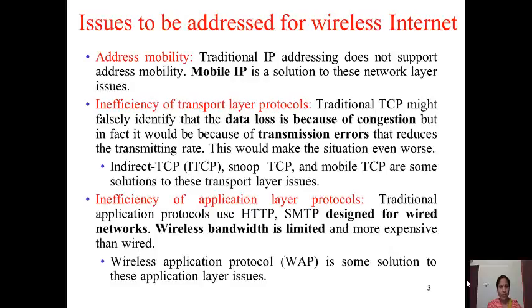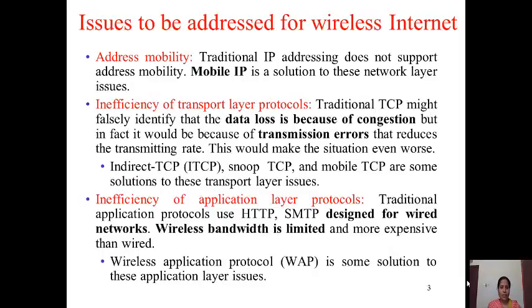TCP is always falsely identifying that the loss is because of congestion, but the fact is, it can also be because of transmission errors, which ultimately reduces the transmission rate. So there are certain methodologies that we have tried to present to overcome this inefficiency in the transport layer protocols, such as the indirect TCP approach, the Snoop TCP approach, the mobile TCP approach, and so on.